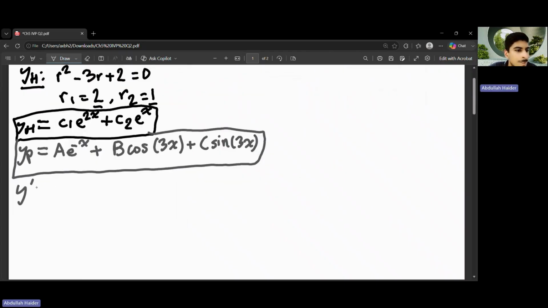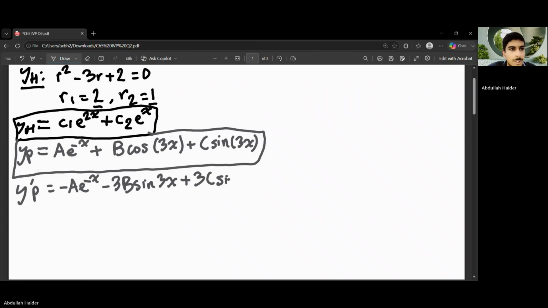So y prime of p will be minus a e^(-x) minus 3b sin 3x plus 3c cos 3x.